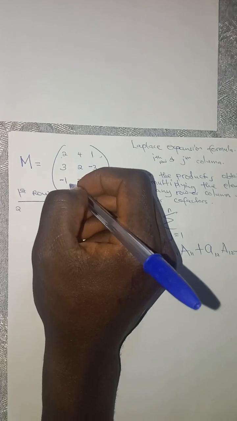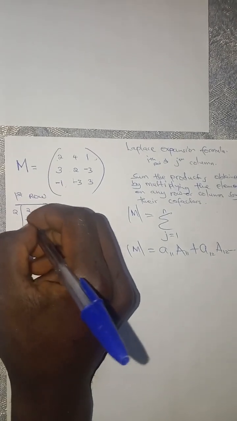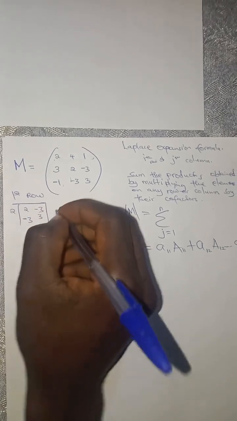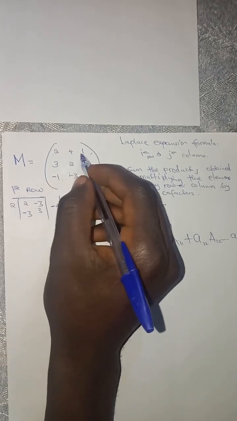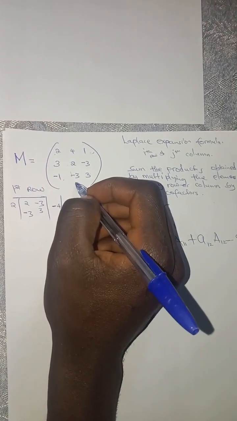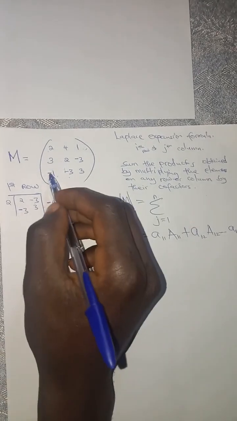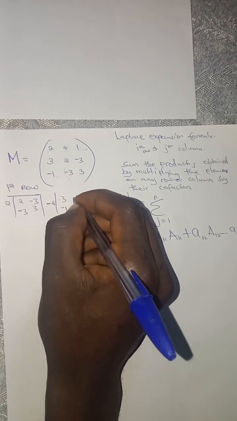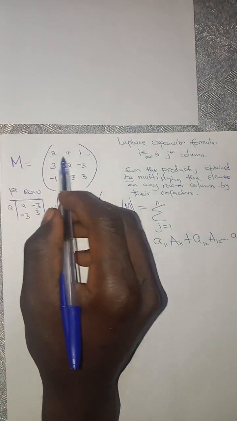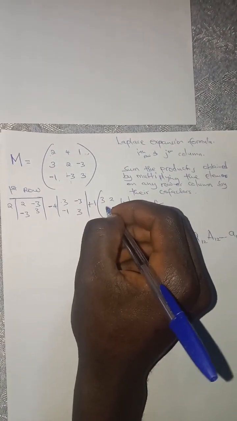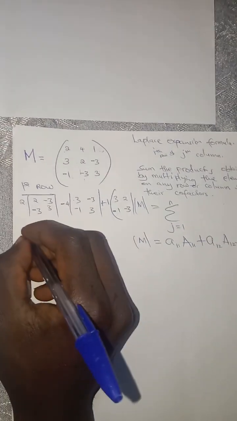Then we will have 2 into 2, -3, 3, then minus 4 into the elements left after removing the row and column where 4 is: 3, -1, -3 and 3. Then plus 1 into 2, 3, 2, -1 and -3.